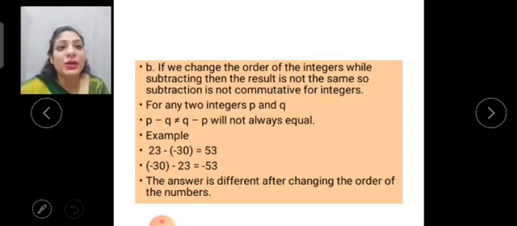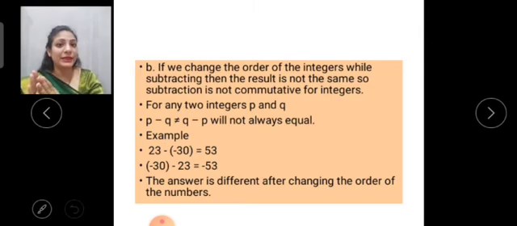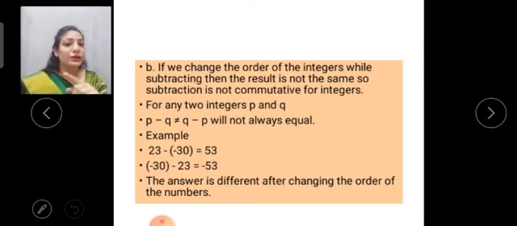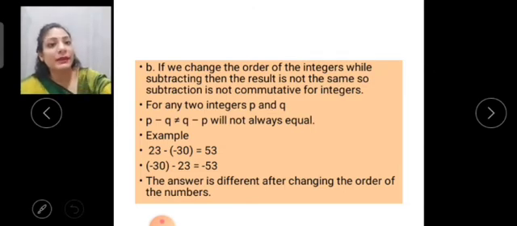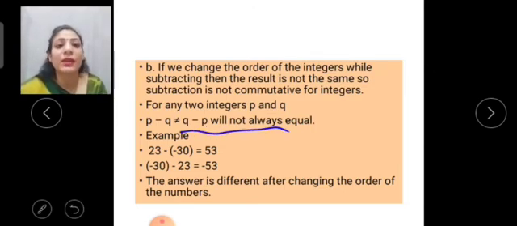If we change the order of the integers while subtracting, then the result is not the same. So, subtraction is not commutative for the integers. For any two integers p and q, when we change the order, p minus q will not be equal to q minus p as it is given here.